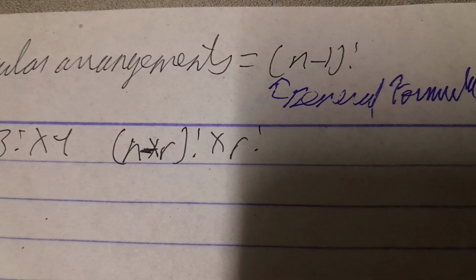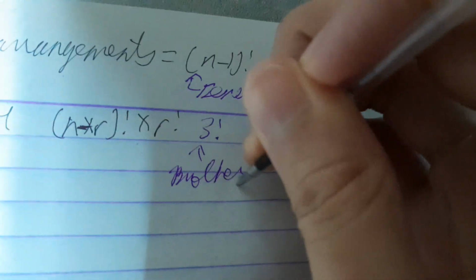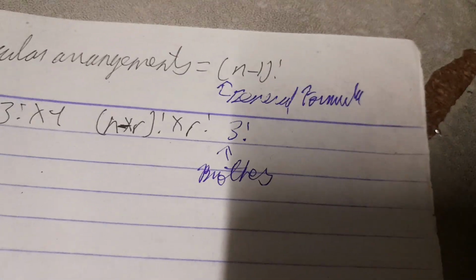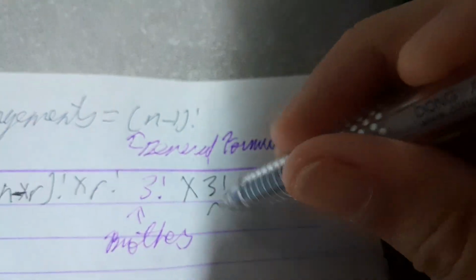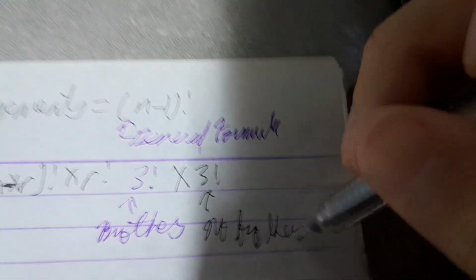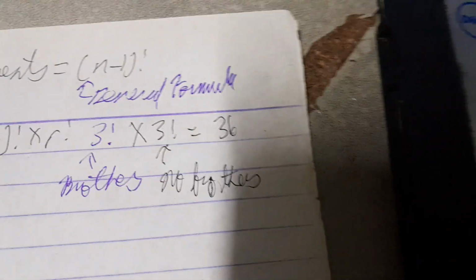For example, the brothers must sit beside each other, so that is 3 factorial. This 3 factorial pertains to the brothers. Then n minus 3 factorial, where n is 6, is multiplied by 3 factorial for the non-brothers. Multiplying them together, 3 factorial times 3 factorial equals 36.